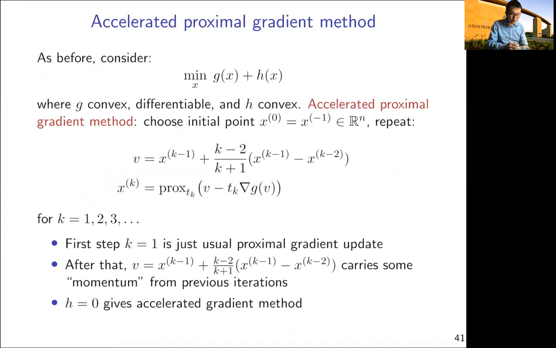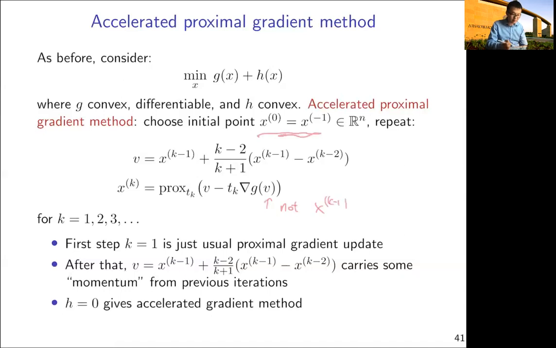So again, you initialize at some arbitrary point. And then basically you move one step before, so that you actually have 2 iterates. The only difference from the proximal gradient descent is that now you are calculating the gradient at a location that's not really your previous iterate.